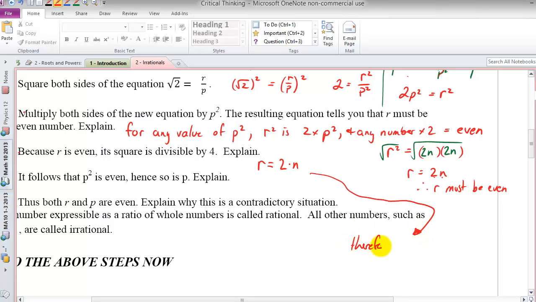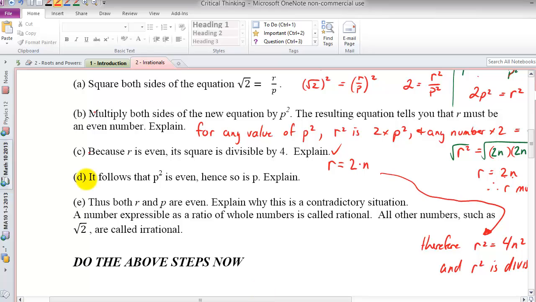Therefore, r squared equals 4n squared, and r squared is divisible by 4. So check, that's the explanation there.